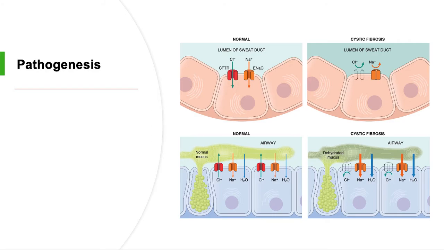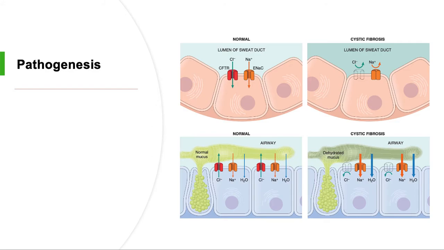Disruptive mutations in CFTR render the epithelial membranes relatively impermeable to chloride ions. In cystic fibrosis, a chloride channel defect in the sweat duct causes increased chloride and sodium concentration in sweat. Patients with cystic fibrosis have decreased chloride secretion and increased sodium and water reabsorption in the airways, leading to dehydration of the mucus layer coating epithelial cells, defective mucociliary action, and mucus plugging.